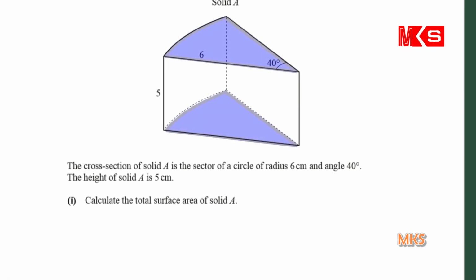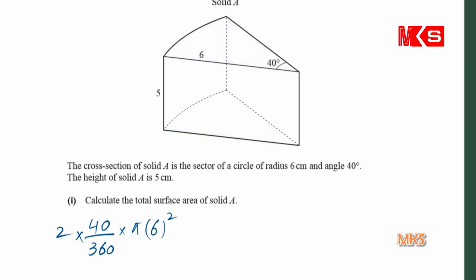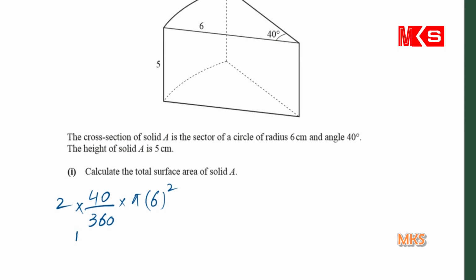They are sectors of angle 40, radius 6 centimeters. So 40 over 360 multiplied by pi r squared times 2. So this is top and bottom.